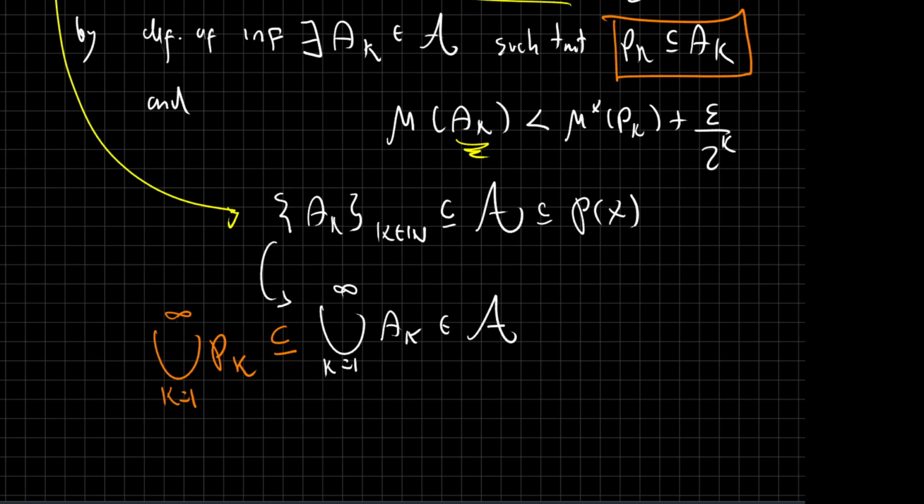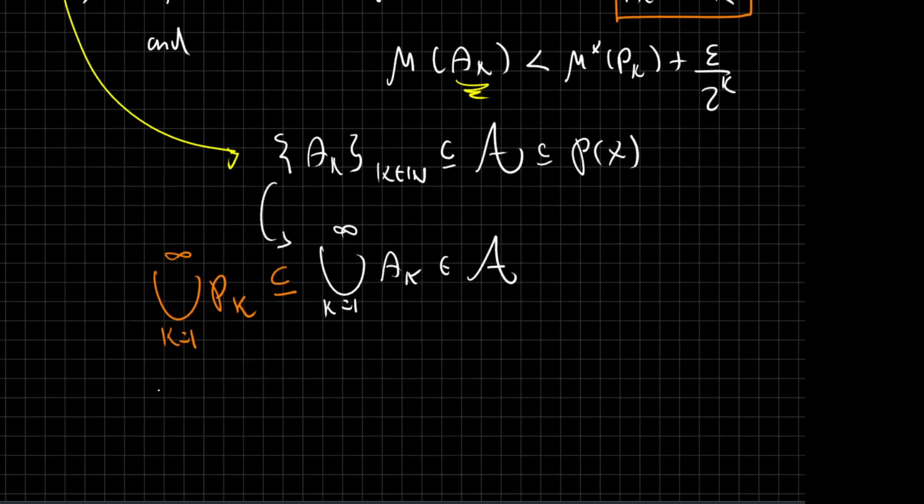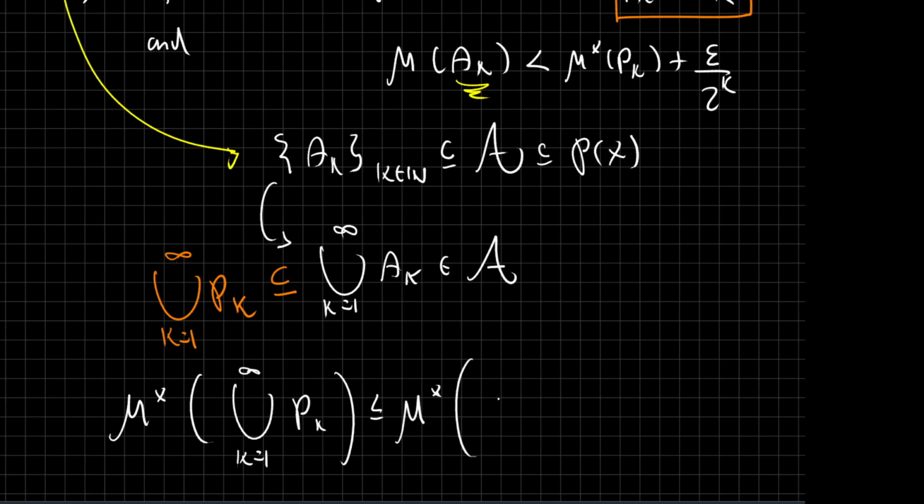All right, so moving on, it holds that the value of mu star of this is less or equal than mu star of this. And why is that?